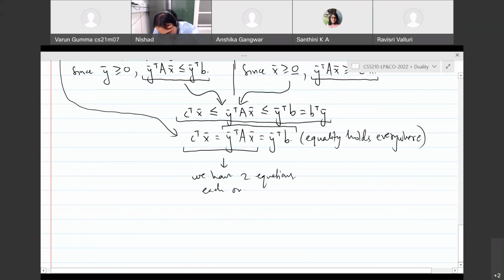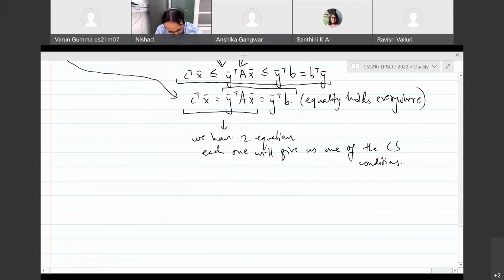So let's look at the second one. Let's consider y bar transpose A x bar is equal to y bar transpose b.